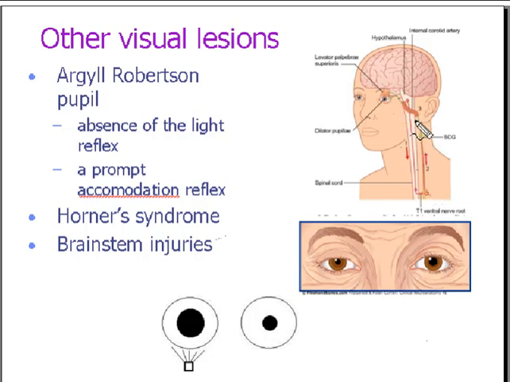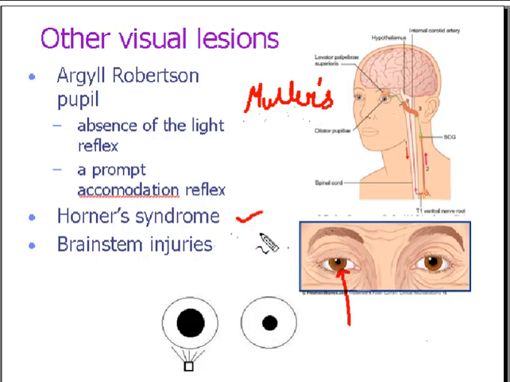So in all of these, your dilator pupillae is affected. So the pupil is constricted because the parasympathetic now is overactive, and because that smooth muscle called Mueller's muscle in the levator palpebrae superioris, that part is gone. So the elevation of the eyelid is not good. Instead it droops, so you have ptosis. So that is Horner's syndrome.